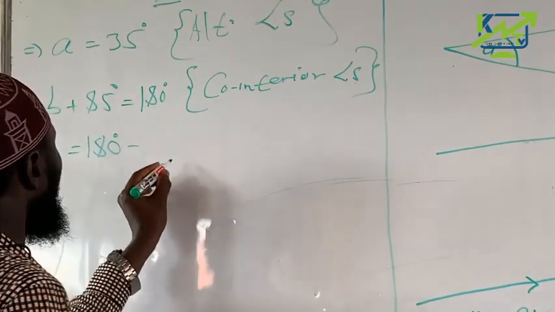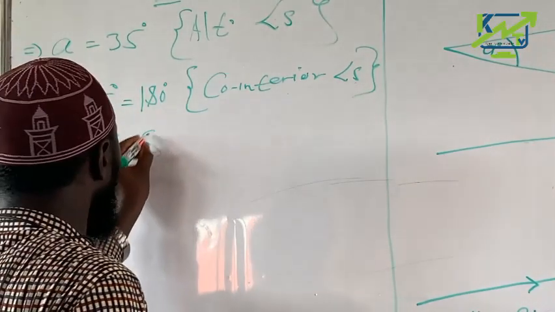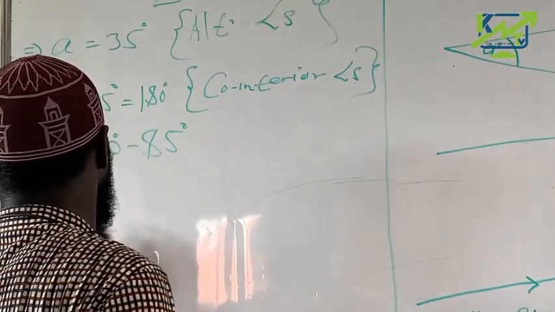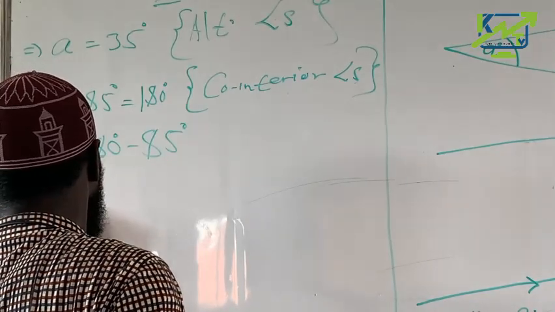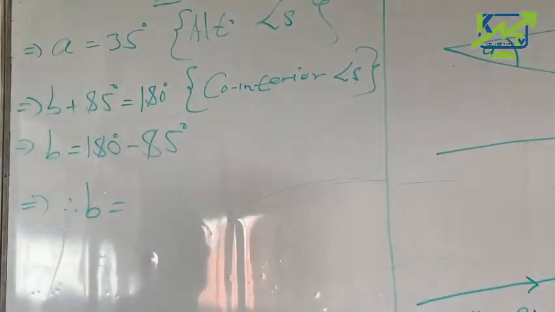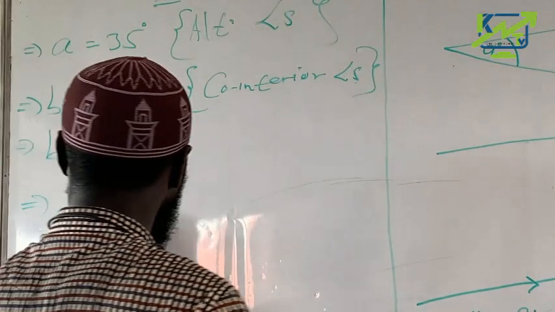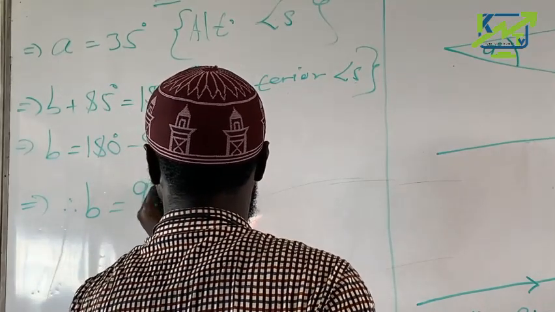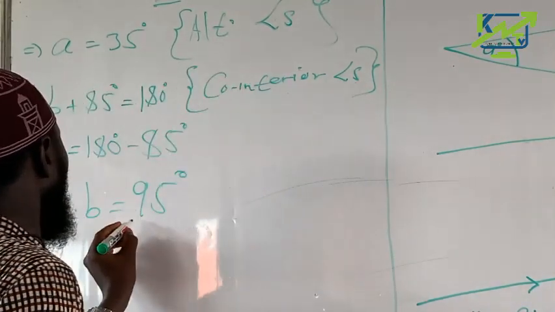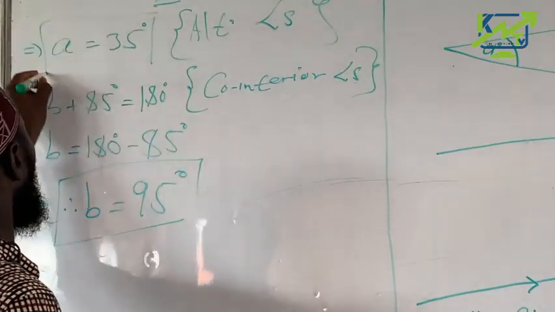Always don't forget your degree, because all angles are in degrees. So our angle B is going to be 85 from 180 degrees, so we have 95 degrees. This is the answer for B, and here is the answer for A.